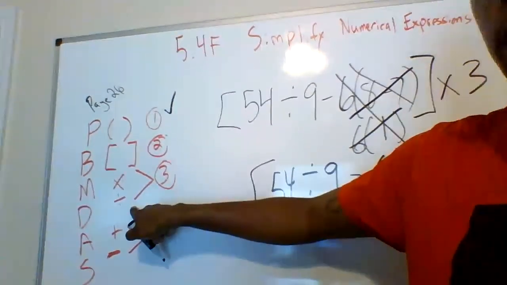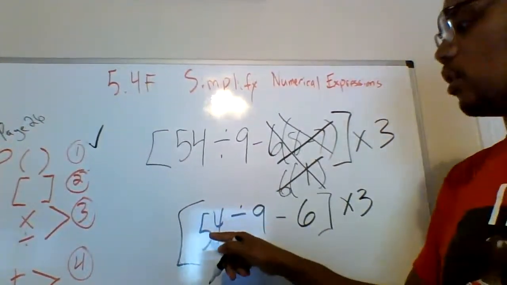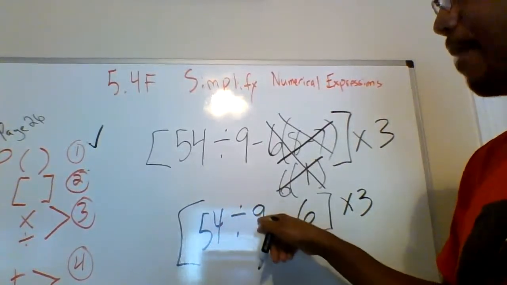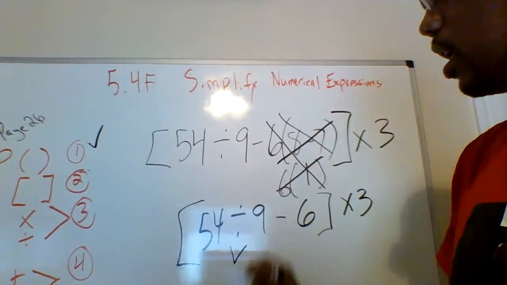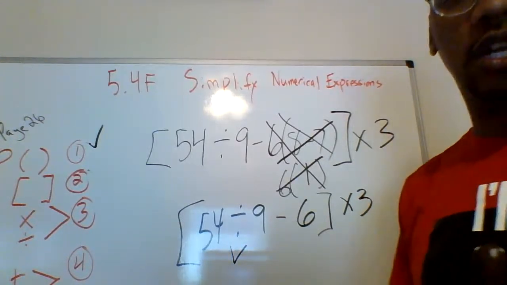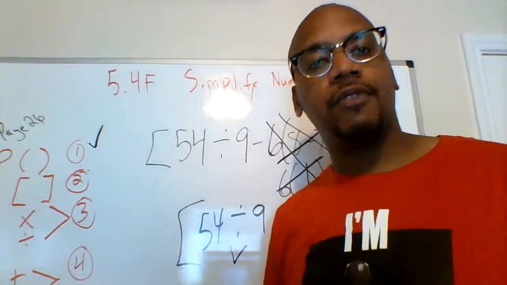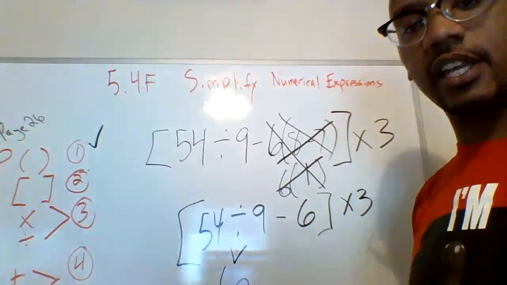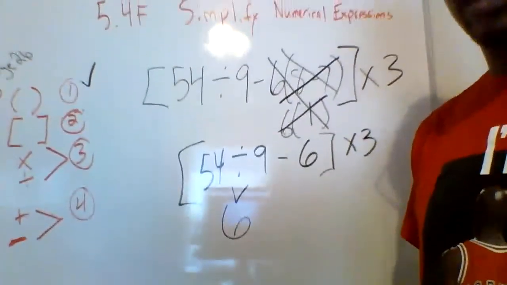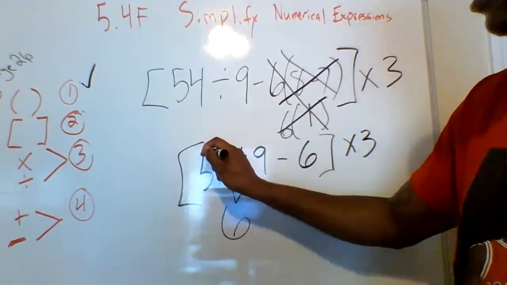So you need to divide first, then you need to subtract. So 54 divided by 9 comes first. Well, 9 times what gives you 54? 9 times 6 gives you 54. All right? So 54 divided by 9 is 6.